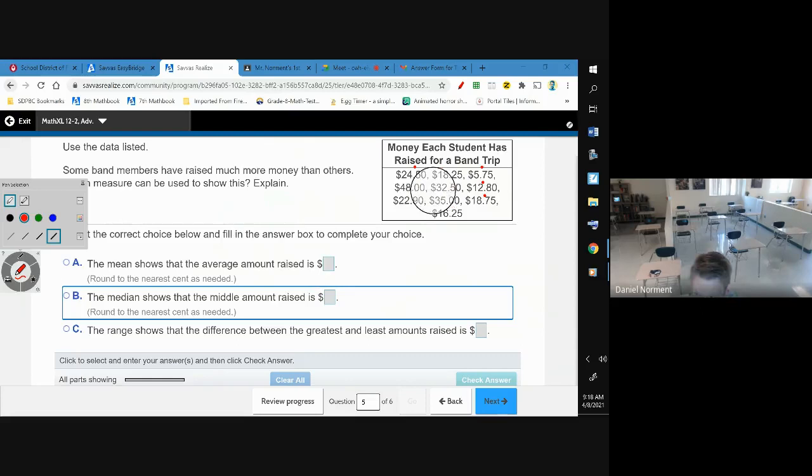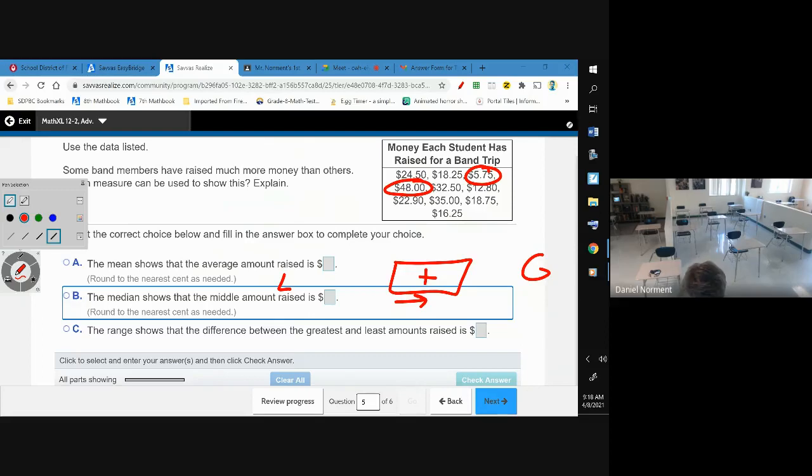Good luck with that. The median is the middle number. I feel confident that all of you should be able to put these in order of least to greatest, with the biggest number last, and then find the middle number. That's going to be the median. 1, 2, 3, 4, 5, 6, 7, 8, 9, 10. Unfortunately, when you do that, there will be 2 middle numbers.